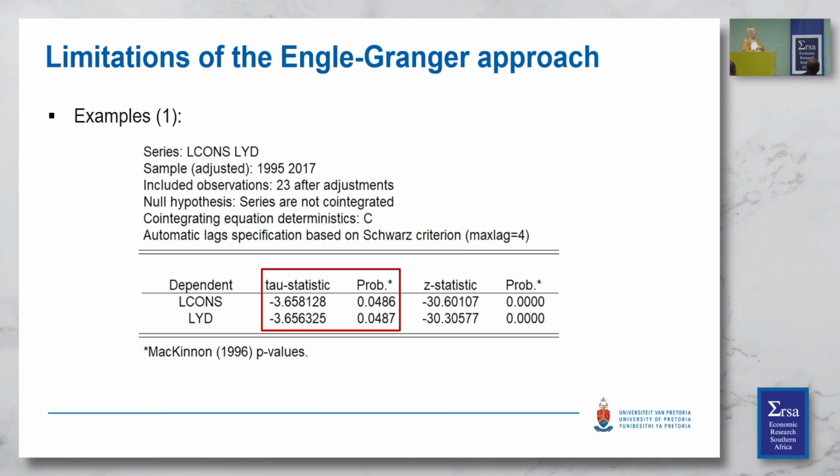However, in this case, it's not so different if we look at consumption and income, because we don't even have a very large sample here, but they're very close.